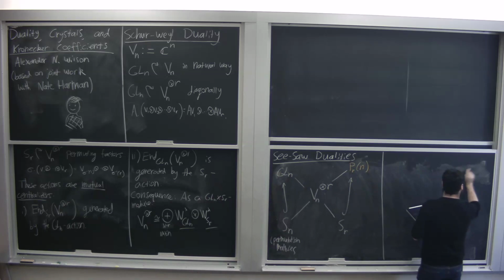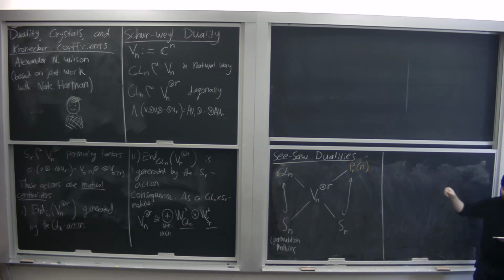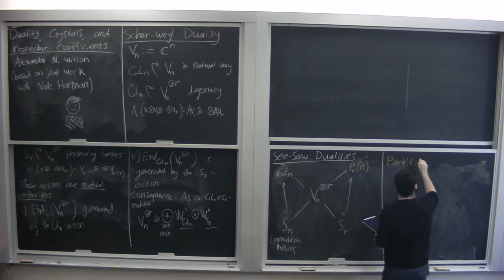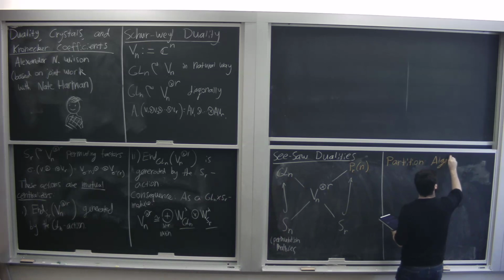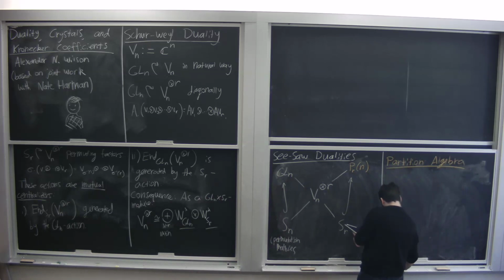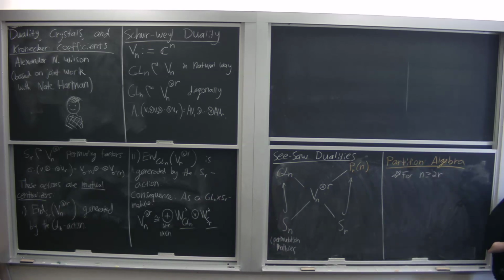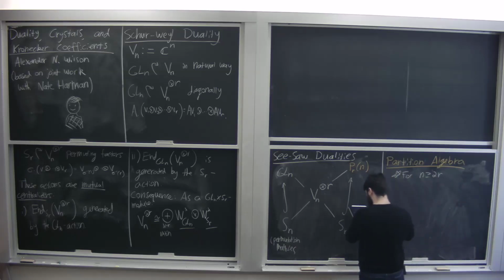Okay, then I want to draw you a brief cartoon of what this PRN looks like. It's called the partition algebra. And I want to note with a brief caveat that this cartoon only really works if n is at least 2 times r. You need to have a sufficiently large n.